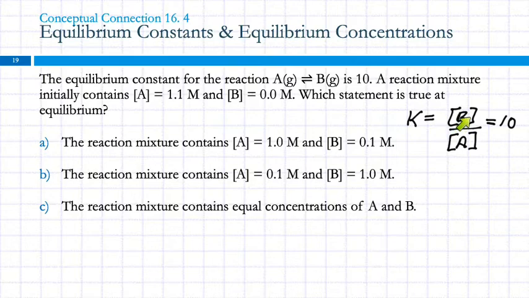And so in order for this value to be equal to 10, B has to be 10 times larger than A. So if I put the numbers in, here I've got A being 0.1, so that's 0.1 down there, and B is 1.0 up here. And when I do the math, I get 10. Got it? Okay. Anybody else?